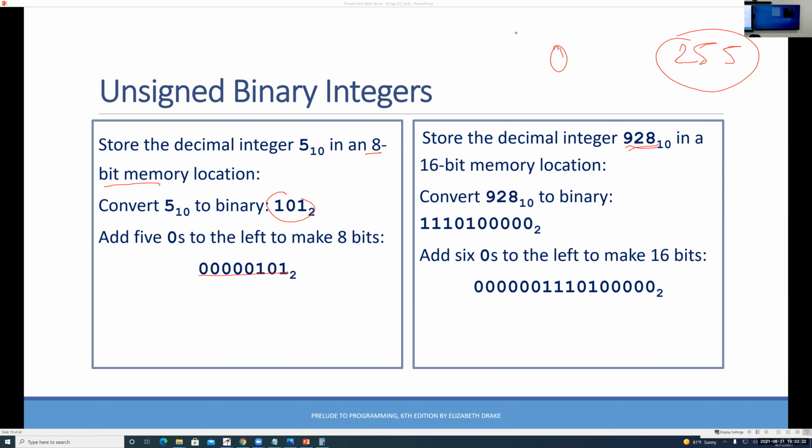When you convert this one to binary, you have this. Now you have to make it up to 16 bits by inserting 0s on the left. That's all.